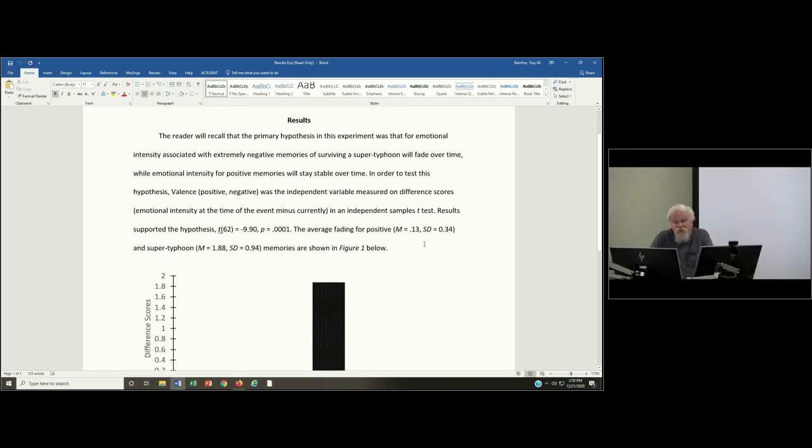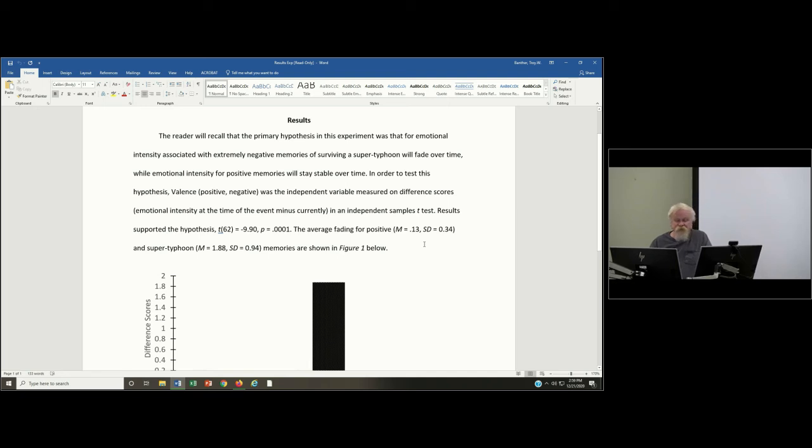Remember that the fading affect bias indicates that the emotional intensity associated with negative events will fade over time, while the emotional intensity associated with positive events will stay pretty stable over time.